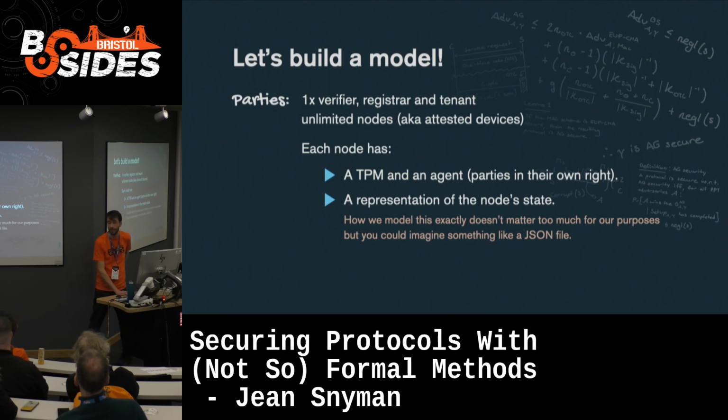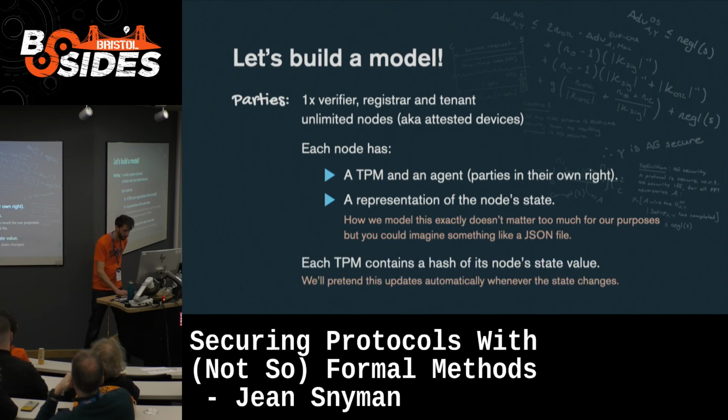And each node also has a representation of its state, which we abstract away as a particular value. We don't really care what the value is. You can think of it like a JSON file that has, say, your PCI cards in it or whatever. And then each TPM contains a hash of its node's state value.